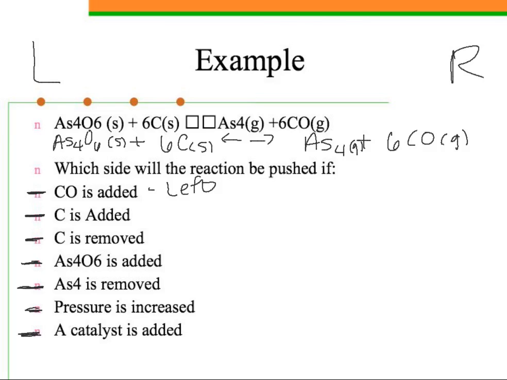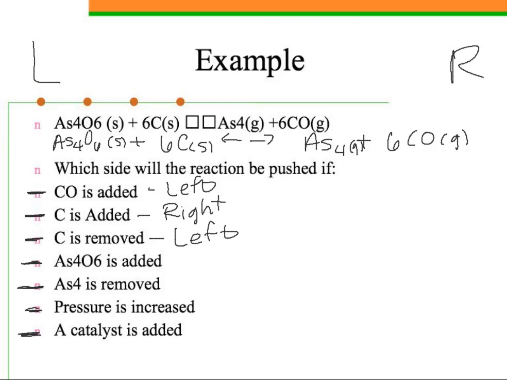Since we're adding it, we'll need to push it to the opposite side. That's right. If carbon is removed, it'll need to be replaced. Since carbon is on the left side of the equation, if we need to replace it, then everything will shift to the left side of the equation.